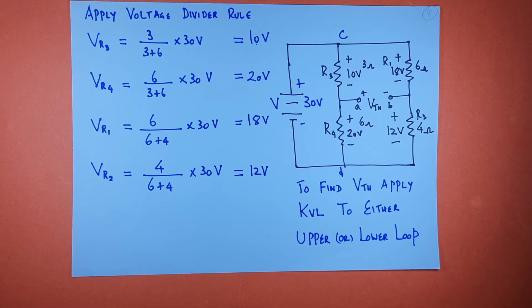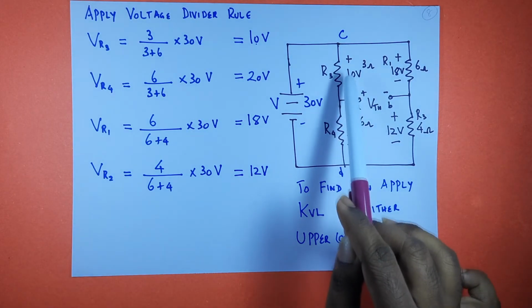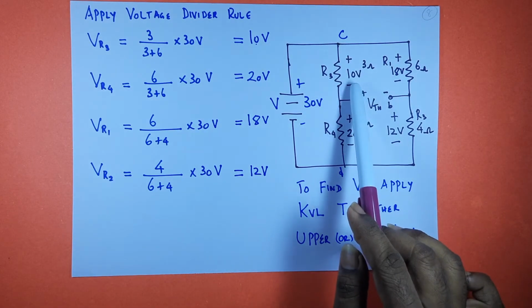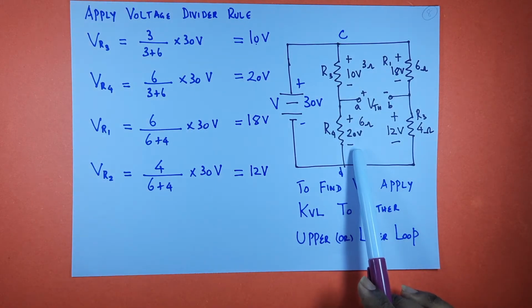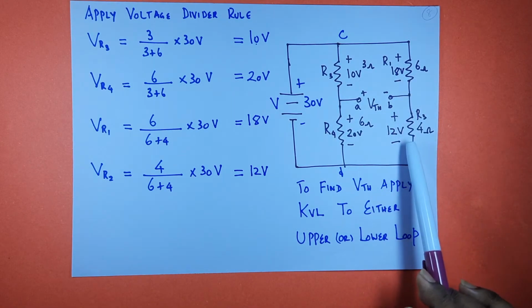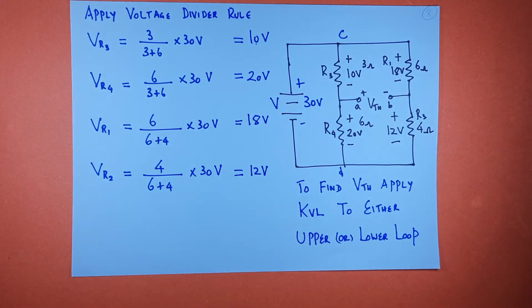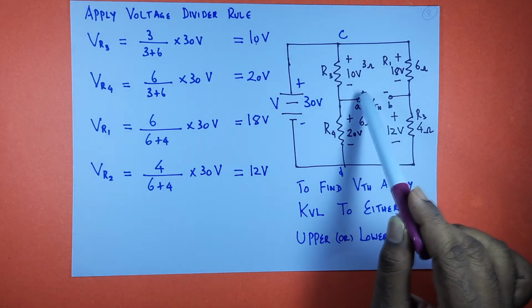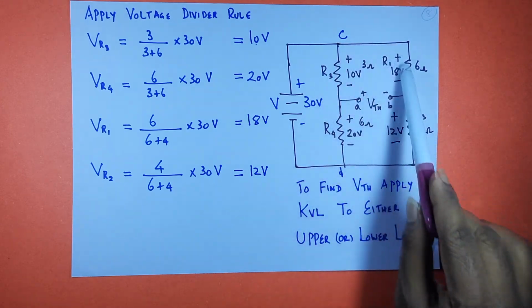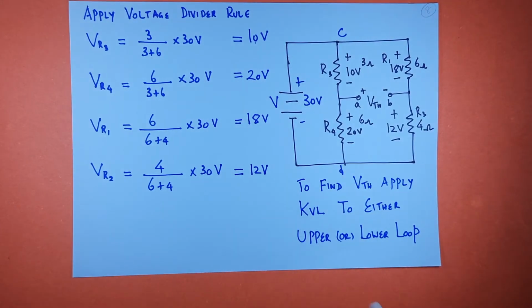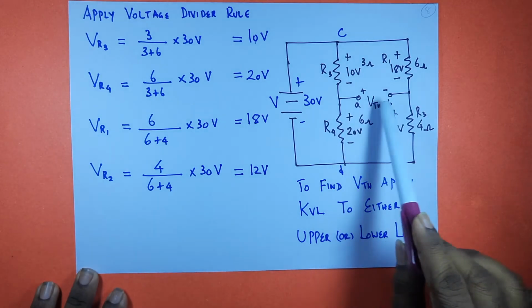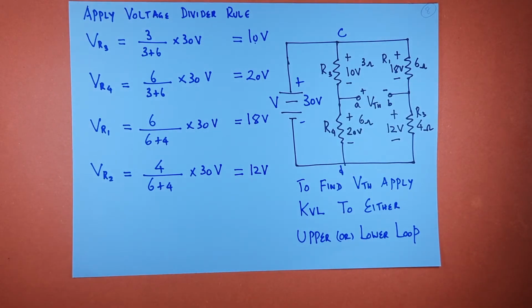Now these voltage drops, 10 volts, 20 volt, 18 volt, 12 volt, we have marked with the correct polarities. Now we have to find out what is VThevenin. Here, in the upper part you have one loop, and in the lower part you have another loop.